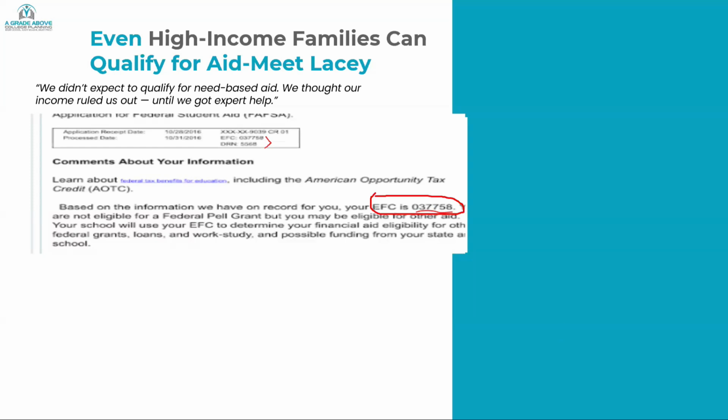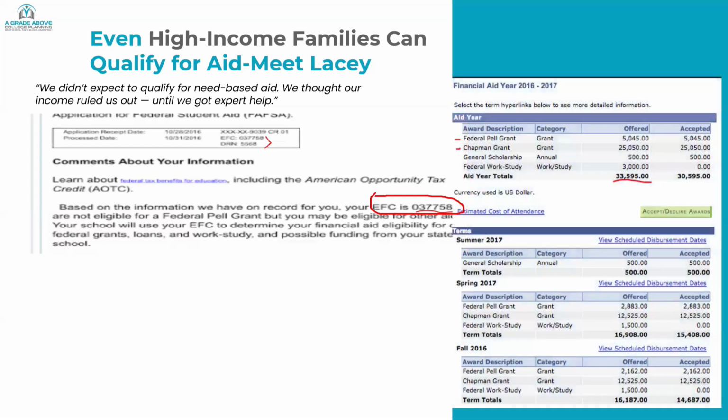So we want to talk about planning and making sure your student is prepared to fill out those forms so they're in the best situation possible. Chapman University is the college the student attended, and they only use the FAFSA, but it was also a pretty pricey private university. And if you can see on the screen here, that's her award letter.